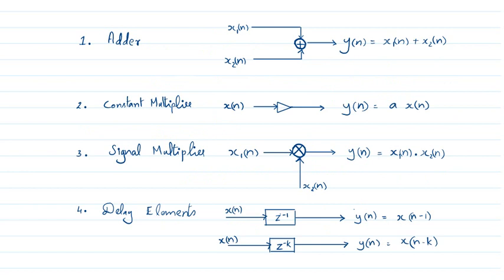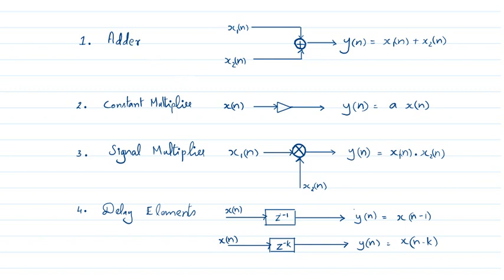Here I showed some examples of an adder, that means addition. We add two inputs using an adder, x1 of n is one input and x2 of n is another input, and we get the output y of n, which is x1 of n plus x2 of n.